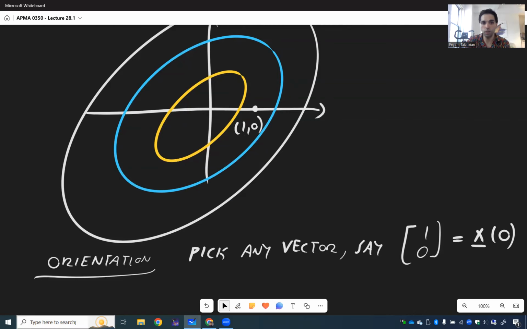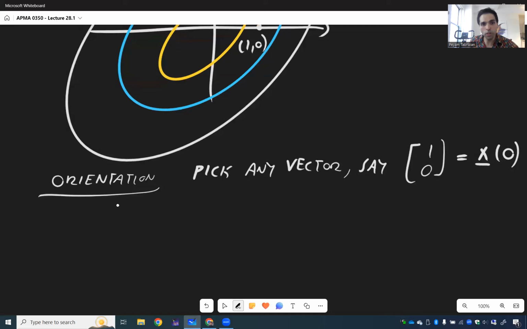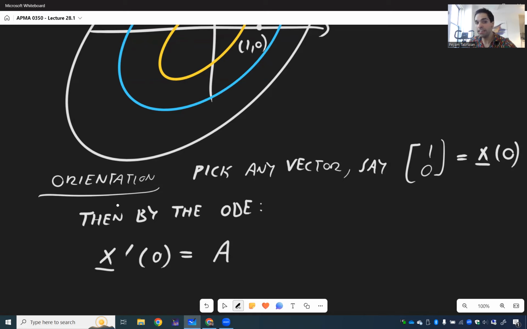So once again, this is (1, 0). Then by the ODE, the ODE literally tells you the derivative of your solution, let's say at 0, is A times your solution at 0. So x prime equals Ax. So x prime initially is A times x initially.